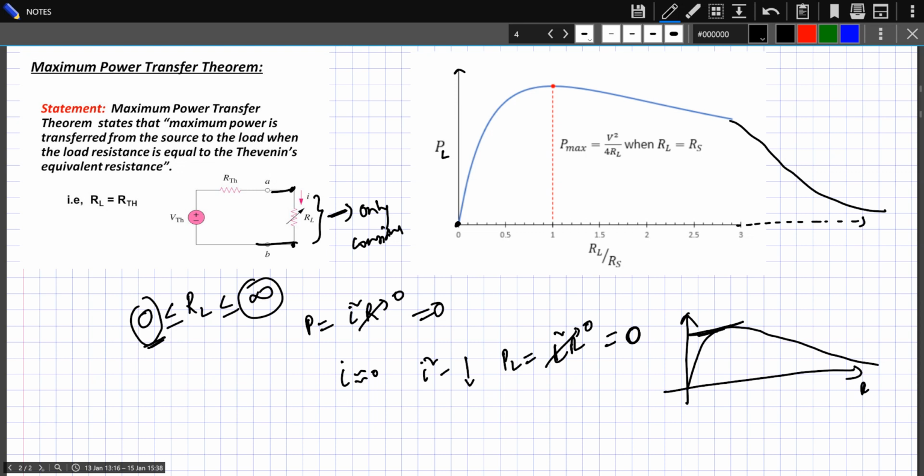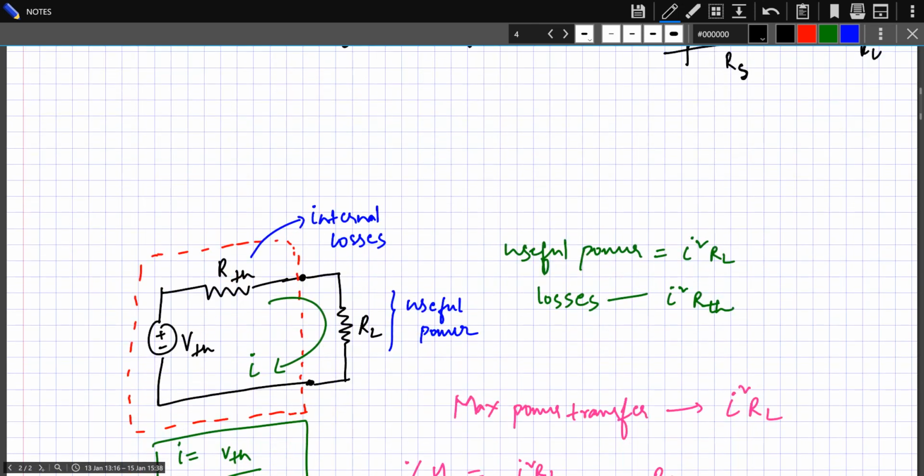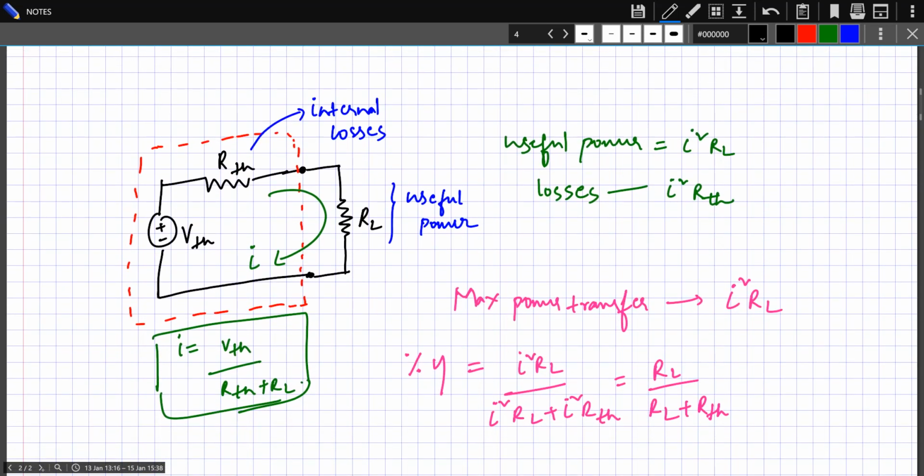This is the load resistance value, and this is the power consumed. Now this maxima, as the theorem states, occurs when the load resistance is equal to the source resistance. Let's go down here to get a good picture.